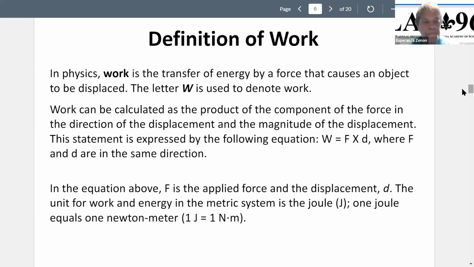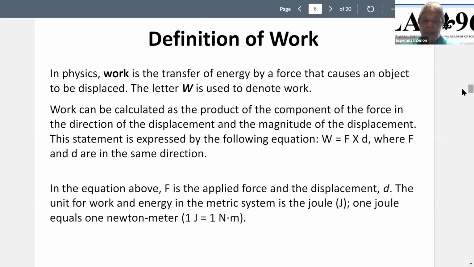Now, if we're going to be looking at work, here's another property already. We've come across several properties in this material already. Here's a new one, work. We know the unit for force is the Newton, and we know the unit for displacement is the meter.